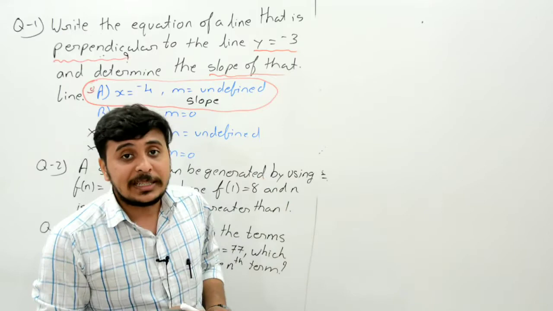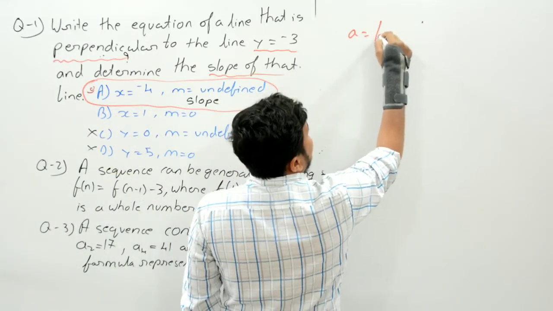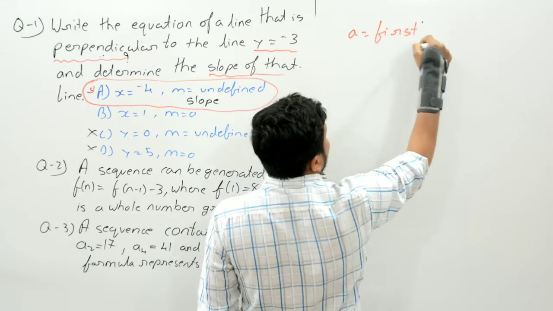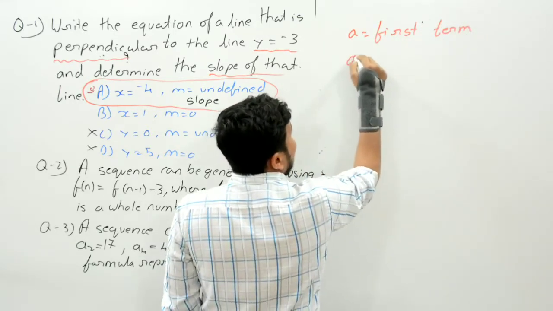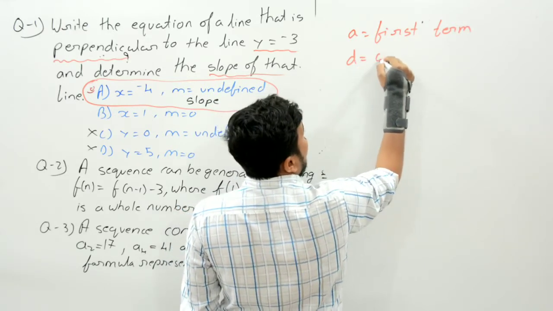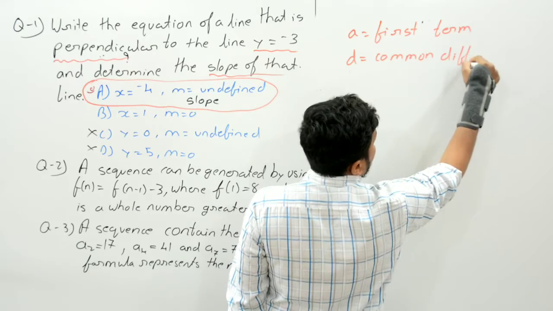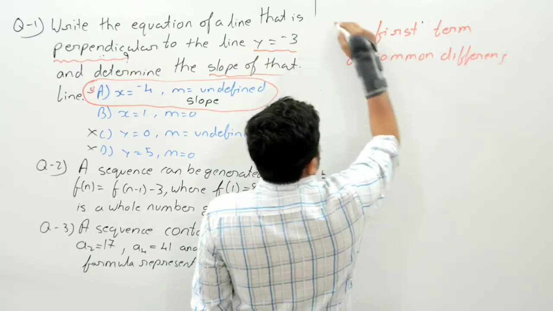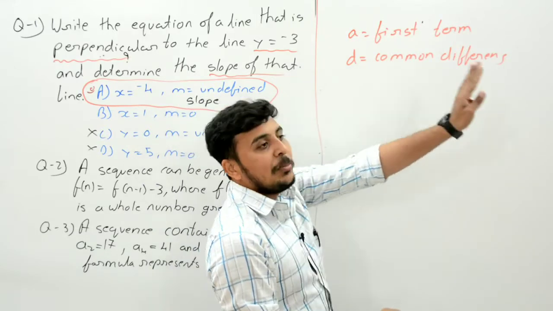So it can be called an arithmetic progression. Suppose we represent A as the first term and small d as the common difference. Suppose A is the first term of the arithmetic progression and d is the common difference.